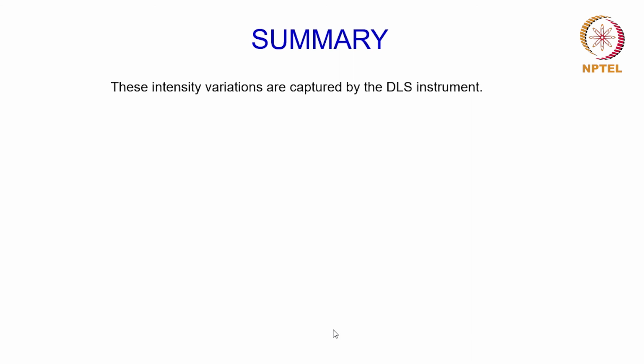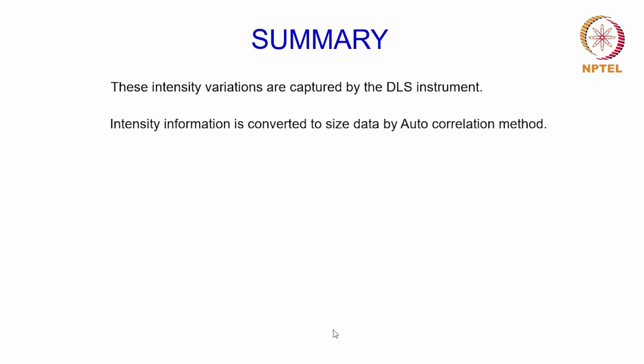So the intensity varies because of the Brownian motion, since the particles change their position with respect to the optical detector as a function of time, and as a result of that, the intensity which is captured at the detector keeps on changing, and this is what is being recorded by the DLS instrument and is converted into the size data.